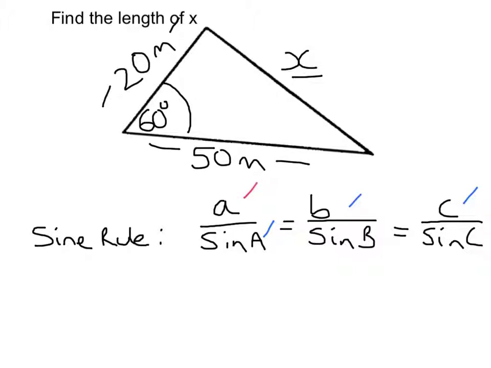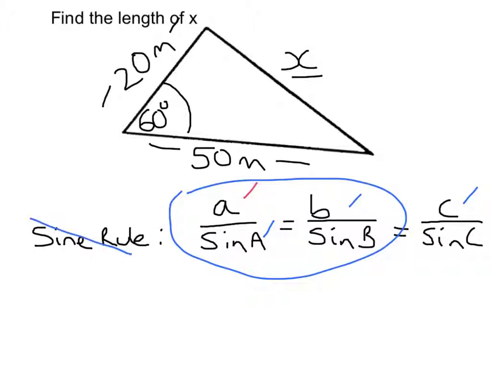If we look at our equation now, we can see that there is no block of 4 like we had in the last equation. That means that the sine rule doesn't work for this triangle, and so that leaves us with the cosine rule.